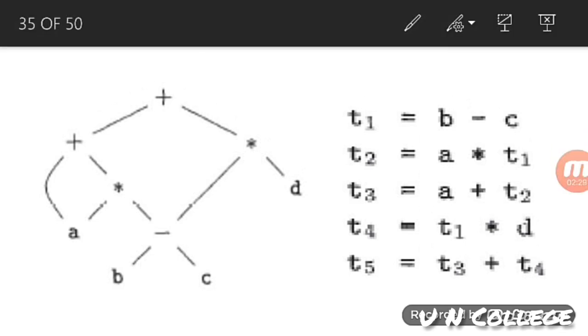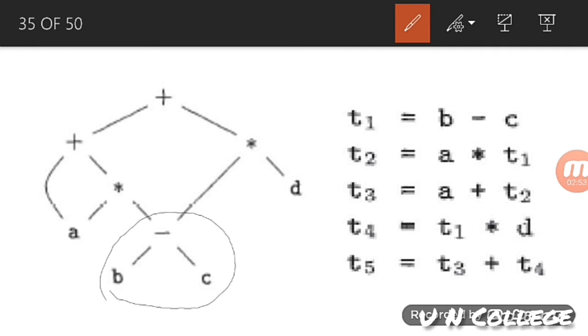Here let me use the pen so that you will be more clear to understand it. Okay, T1 equal to B minus C. Here we have used it at this step. Okay, it is very interesting and very easy also. It looks complicated but is easy, because here we are constructing the DAG from leaf towards the root.